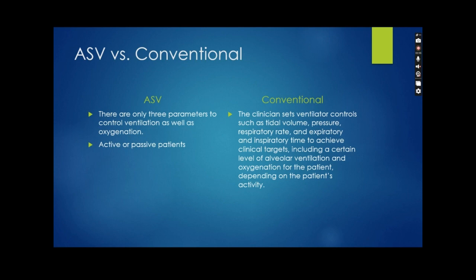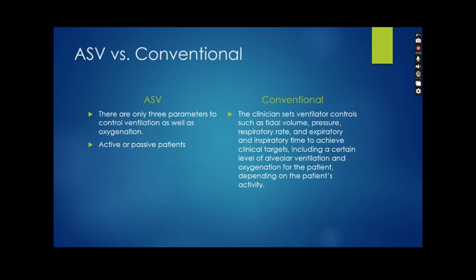You can use ASV as a mode in any patient population, whether your patient is awake and alert, completely sedated and paralyzed, or completely obtunded and non-responsive. You can use this in any patient population in the ICU.